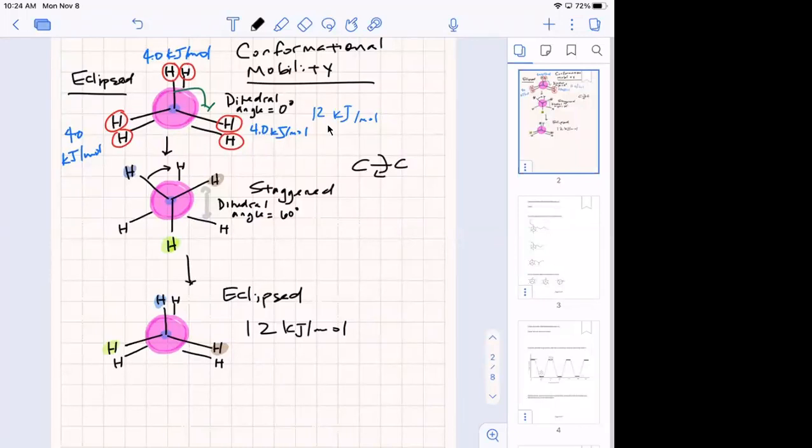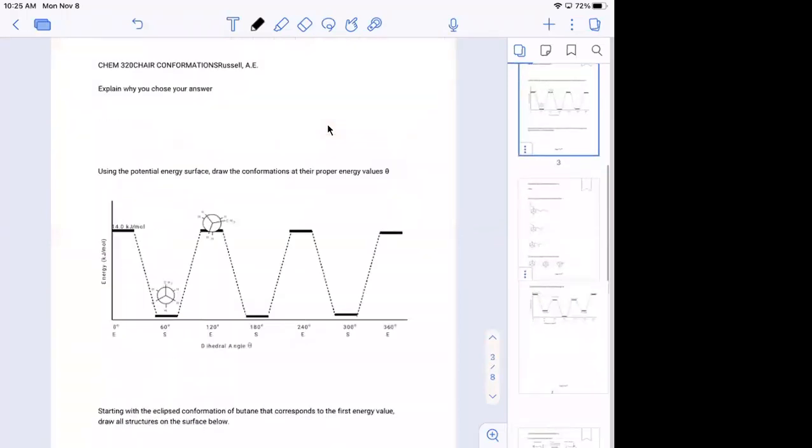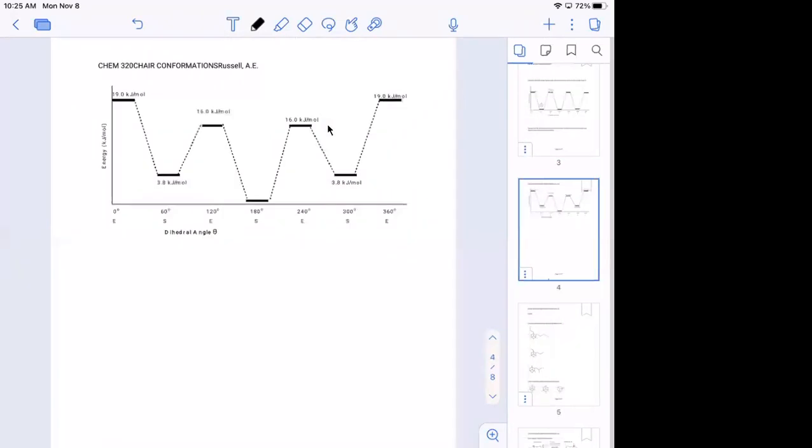It's the lowest energy conformation and it's the most stable conformation for ethane. When we look at butane, which is another molecule that has more substituents, then we'll see that there are some staggered conformations that are higher in energy than others, but there's at least one that's the lowest out of all of them.